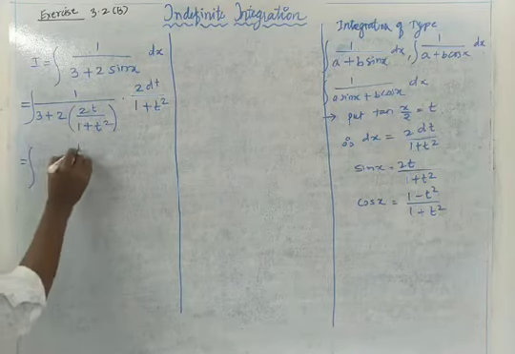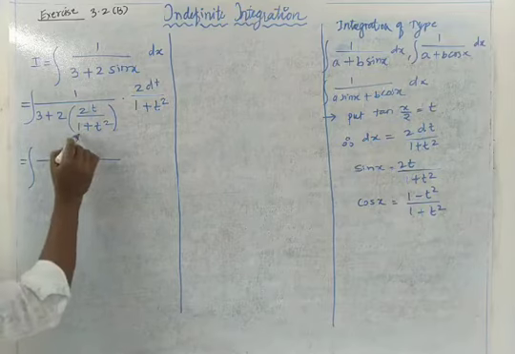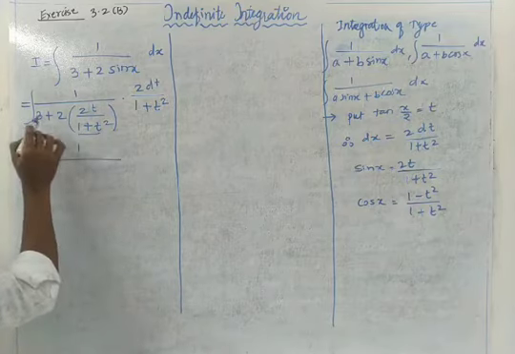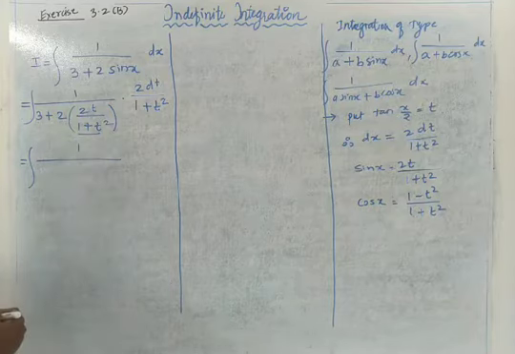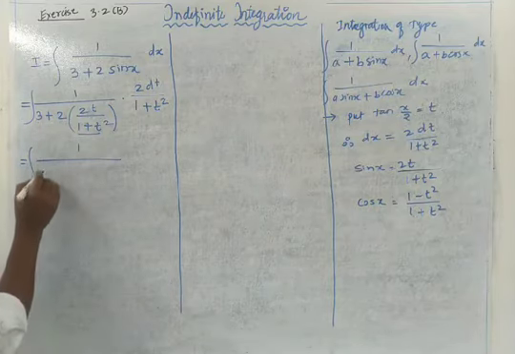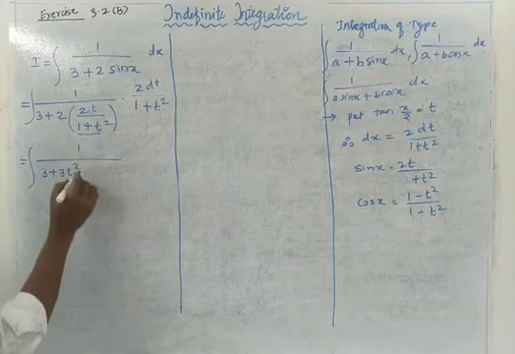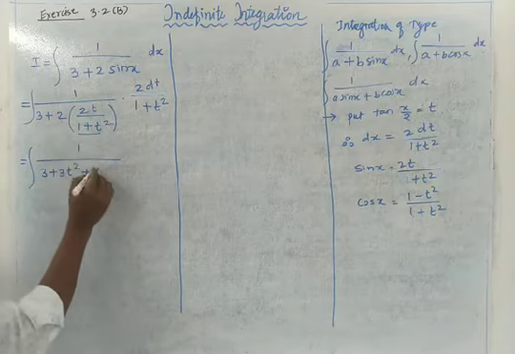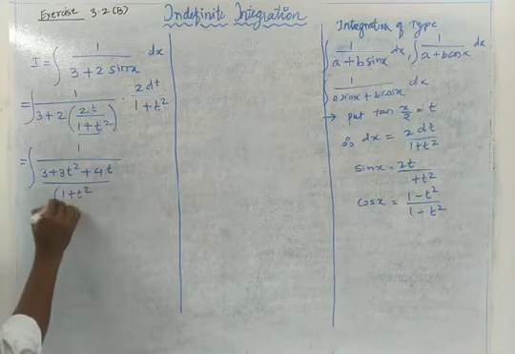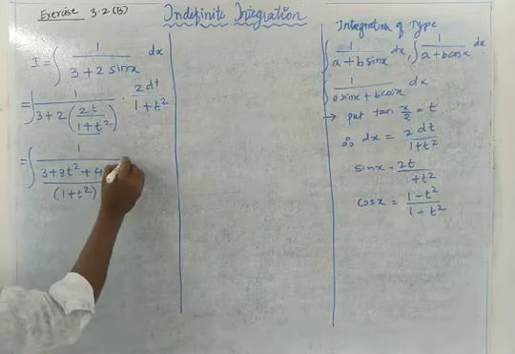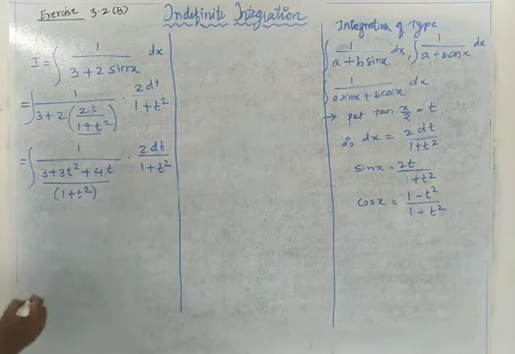So integration 1 upon, here I try to make a common denominator. It means 1 plus t square has to be multiplied with 3 and this 2 multiplied with 2t. We will get the common denominator 1 plus t square. So we get 3 plus 3t square, plus 2 into 2, 4t, upon the common denominator 1 plus t square, into 2 dt upon 1 plus t square.